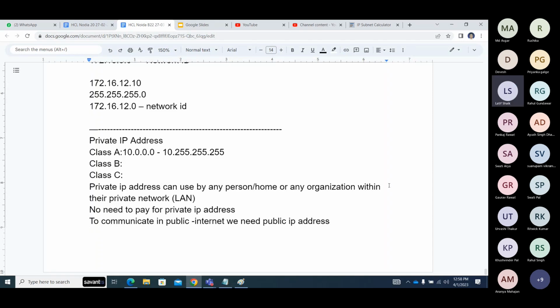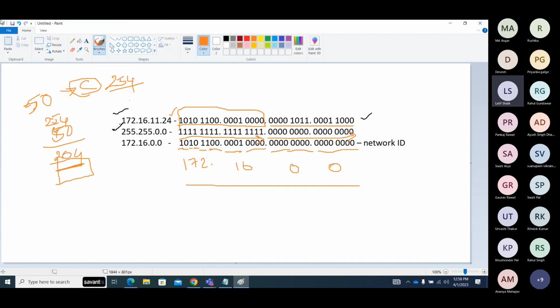Okay. So the 10 series, the entire 10 series is private IP address. Even when I'm telling examples in the Class A range, I told about the 10 series. Why? Because the 10 series is from Class A, it is a completely private IP address. Then 172.16.0.0 to 172.31.255.255. This is also an entire private IP range.